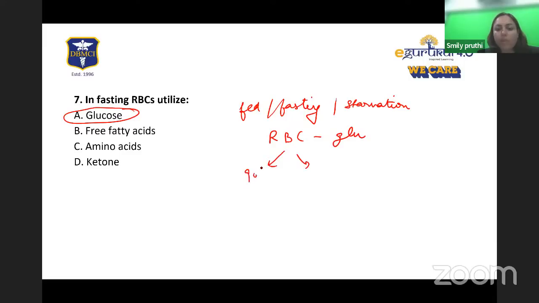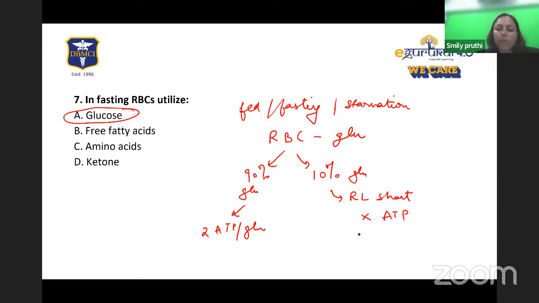And in RBCs, 90% of glucose will be giving 2 ATP per glucose. 10% glucose of RBC will go into the RL shunt, where no ATP will be obtained, but 2,3 BPG will be obtained, right? So this is also frequently asked and very important.